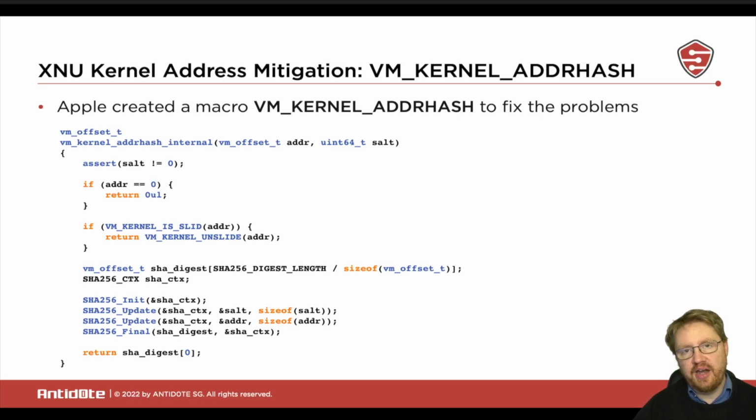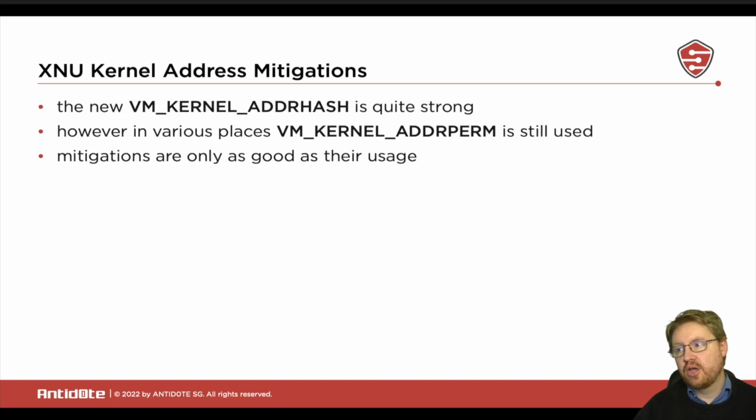So in theory there is the possibility of collisions, but it's quite low in this regard. This means that basically every single 64-bit pointer should result in a different 64-bit output, so that you can see the same pointer through the obfuscation, but you cannot make any guesses about the distance between pointers whatsoever, because they're all cryptographically hashed. And all that said, you must know that this new macro is very strong.